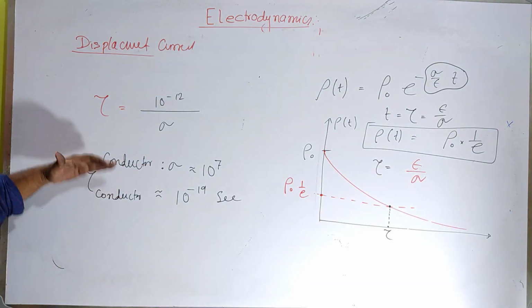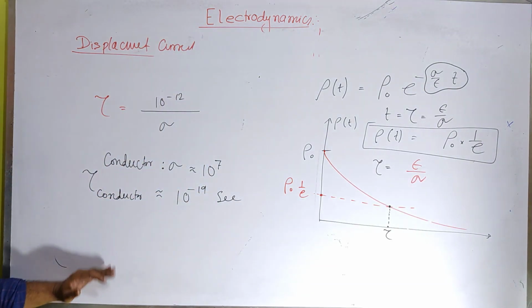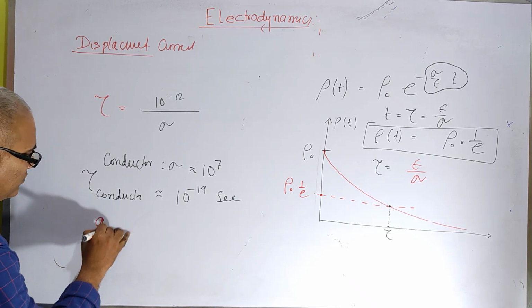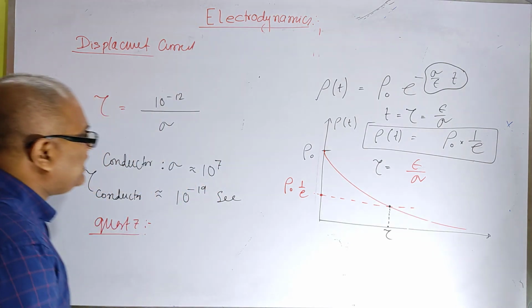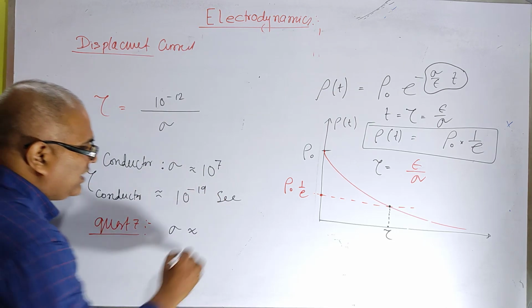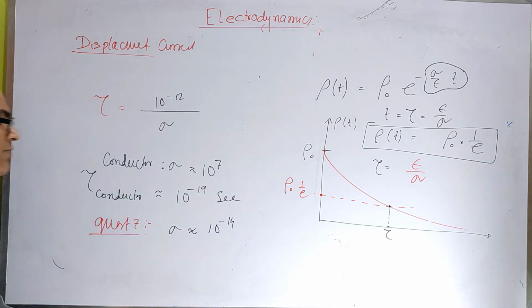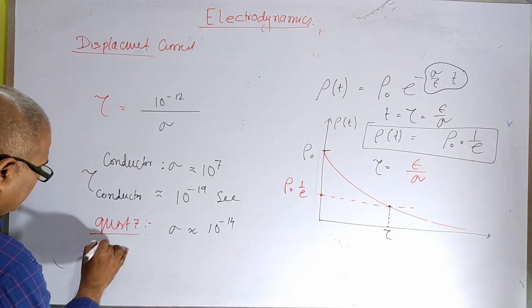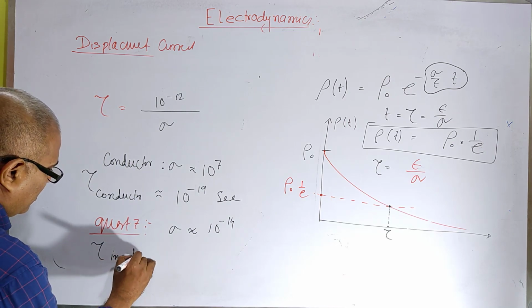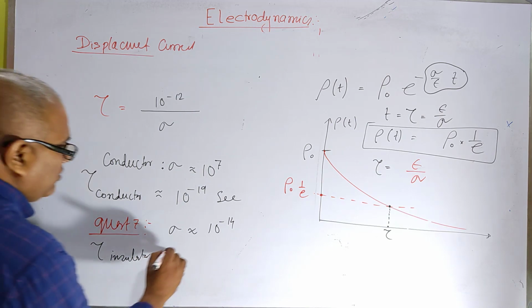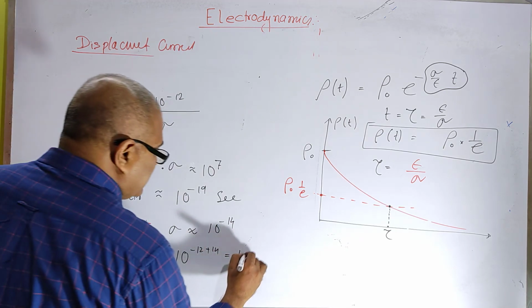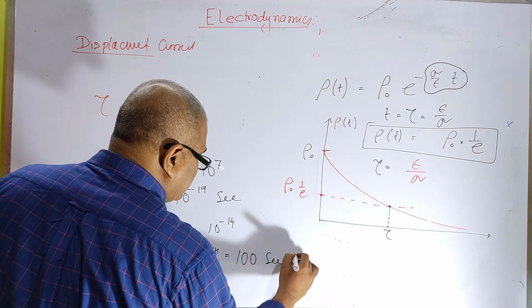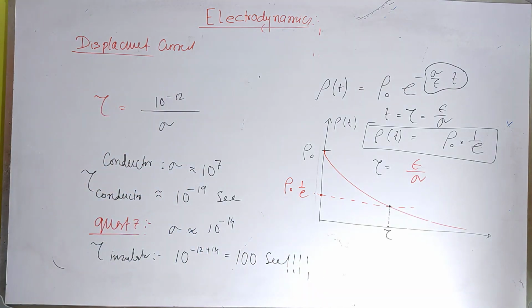Okay. So instead of the conductor, consider some particular type of insulator like quartz. For quartz, the conductivity is very low, for typical quartz it is 10 to the power minus 14, and at that section tau for an insulator would be 10 to the power minus 12 plus 14, that is 100 seconds.